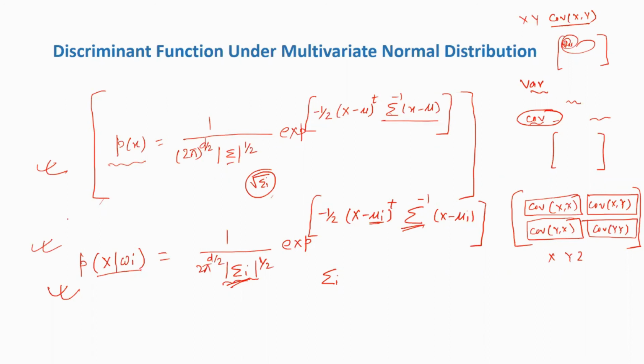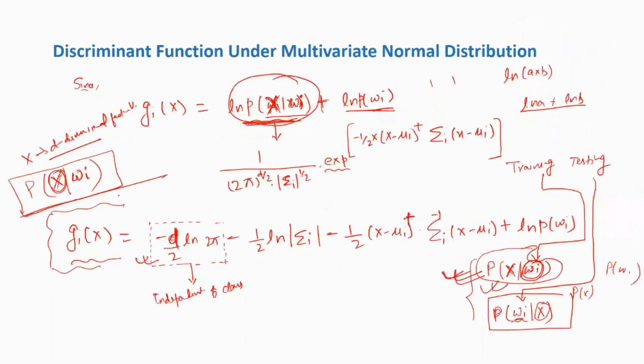Now we also know, according to this formula, we will find the conditional multivariate normal distribution. Okay, and after finding that, we'll find the discriminant function through which we can maximize this function to get the algorithm more and more accurately trained on the data. And that's what we will be using. Not only this one, there are a lot of different ways to train that algorithm. This is one of them. Okay, clear?